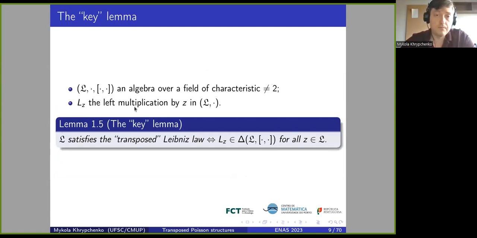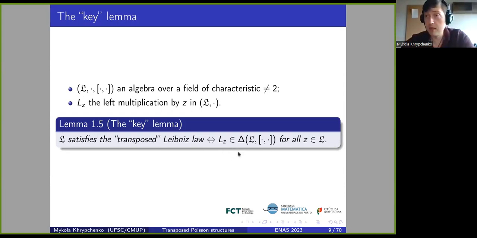So, if you have an algebra with 2 multiplications over a field of characteristic different from 2, let us denote by L_z the left multiplication with respect to this dot. So if the bracket operation satisfies the Jacobi identity, then your triple is a transposed Poisson algebra if and only if this left multiplication is a half derivation of the Lie algebra structure for all z.